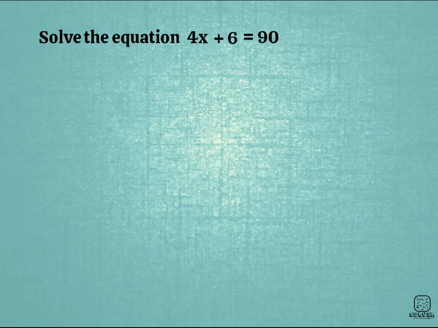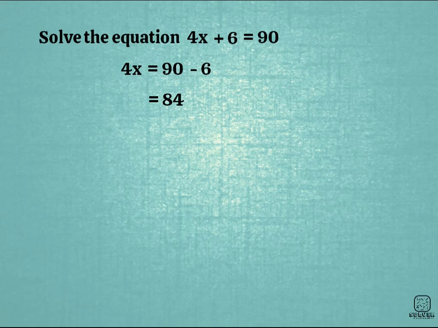For solving the equation 4x plus 6 equal to 90, first we will keep 4x on the left side of the equal sign and plus 6 we will bring to the right side of the equal sign. When we are bringing something from the left side to the right side of the equal sign, we need to do the opposite operation. So 4x equal to 90 is already on the right side and the opposite of plus 6 is minus 6, equal to 84. That is 4x equal to 84.